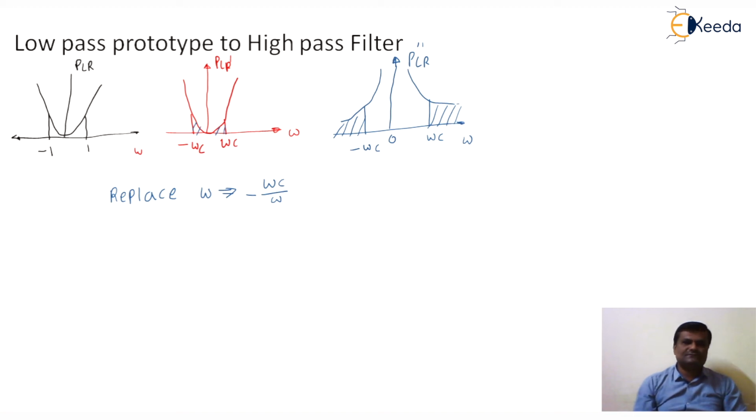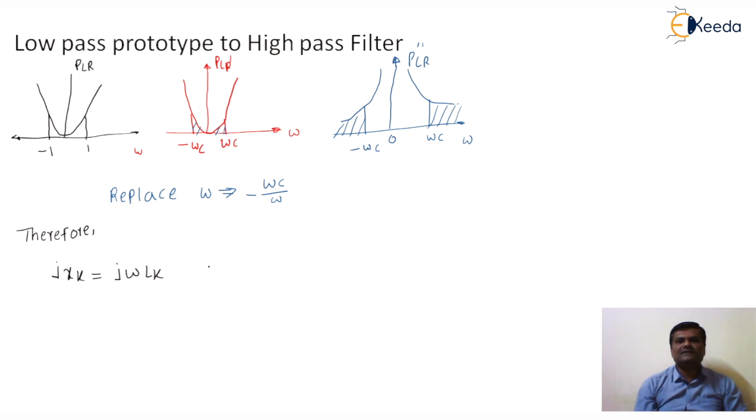Therefore, write the series impedance jXk equal to j omega Lk.